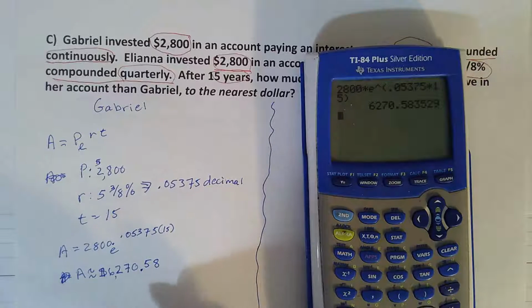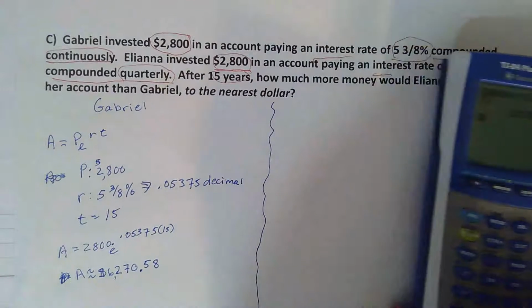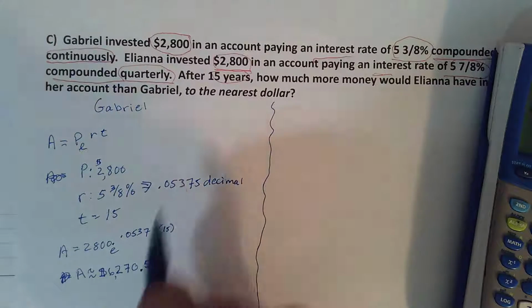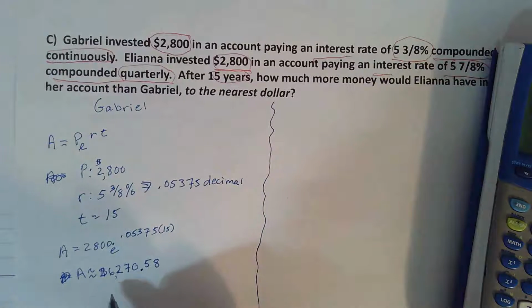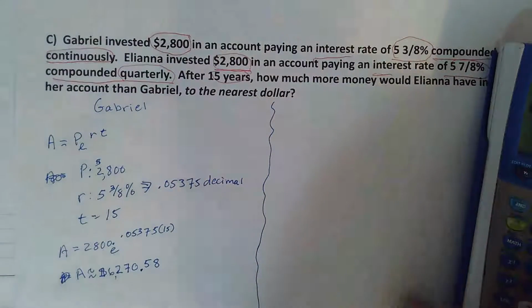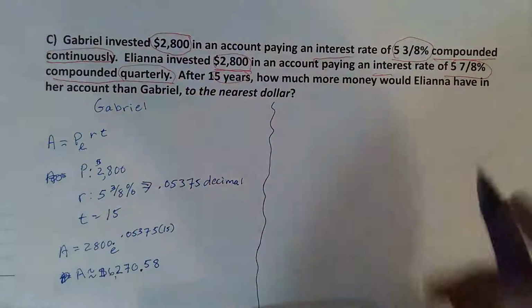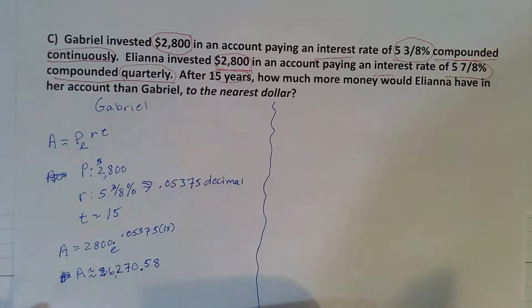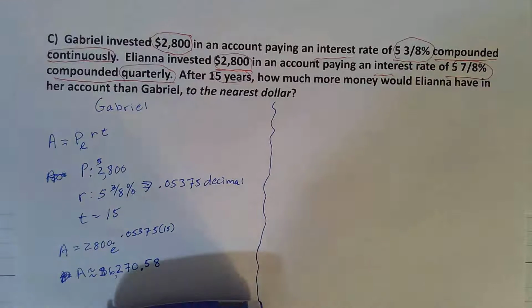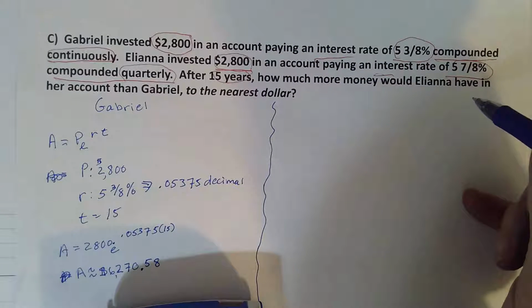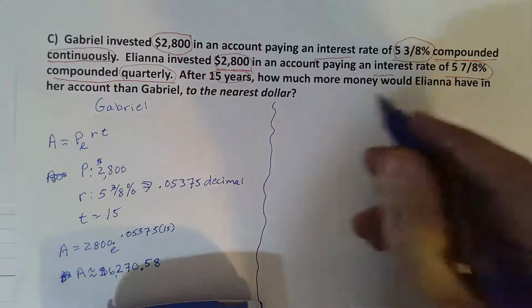So that is what Gabriel gets after the fact, okay? Now, we have to get Eliana's amount, and then we have to figure out who has more. It says Eliana will have more than Gabriel, and we'll take that for granted until we see it. And then we're going to figure out the difference between the two of them, because that's what they want us to do. How much more money would Eliana have made is what they're asking.